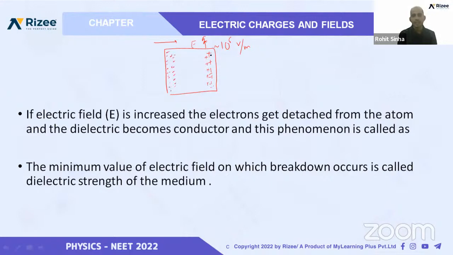The dielectric has a number of free charges present in it, and it behaves like a conductor. Originally it was a dielectric, but after breakdown it becomes a conductor. This situation is called dielectric breakdown.